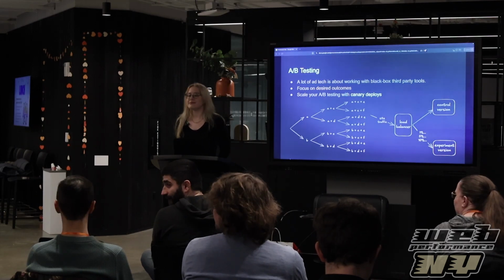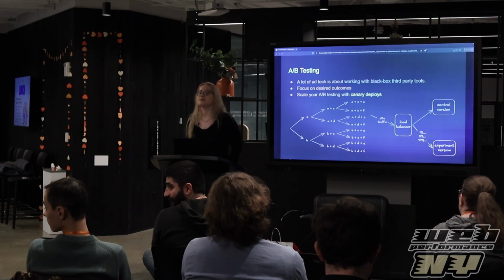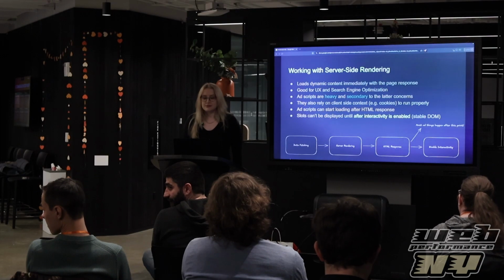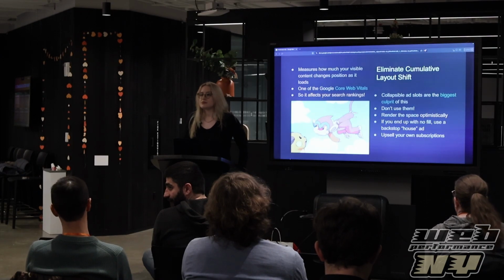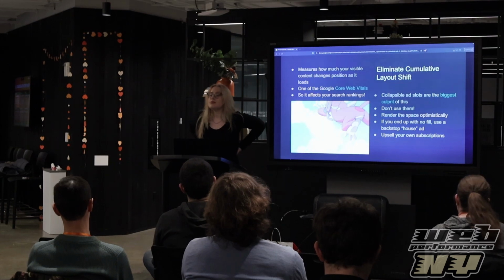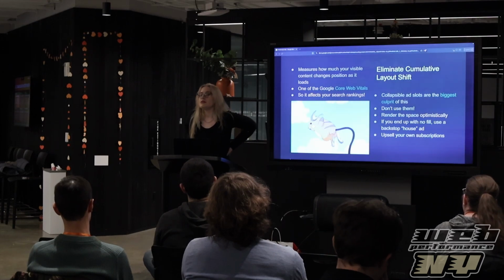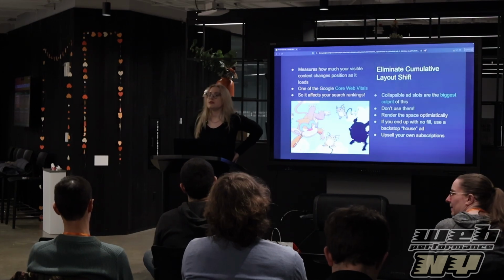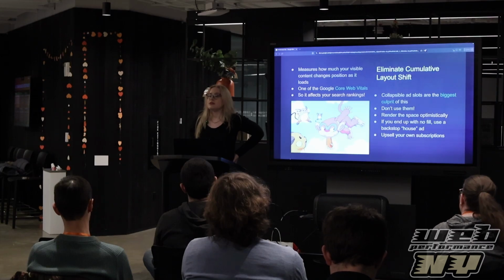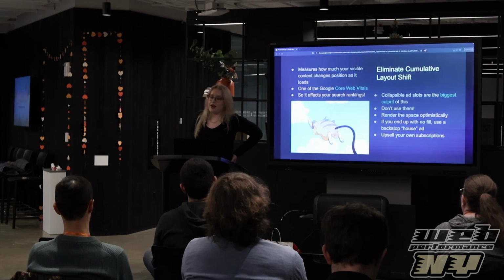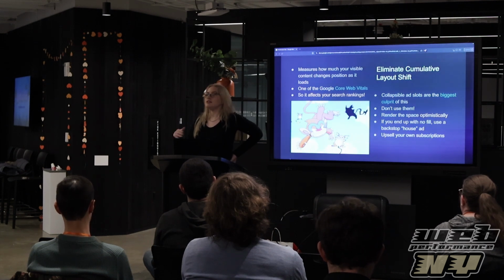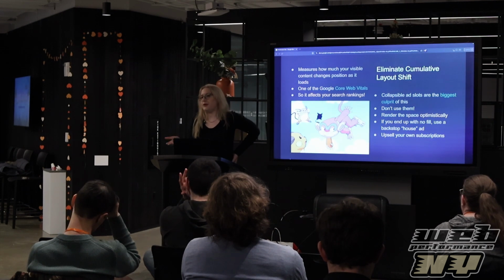For the cumulative layout shift that you talked about, is that assuming that the ad slot has no layout? Because I'm under the impression that ads have specific sizes. If you know the size of the ad that's supposed to be there, can't you put a placeholder that's exactly the width and height of that so that you can prevent the layout shift? Yeah. That's what I mean by having a kind of house ad, right? To upsell yourself. You put a placeholder in there.